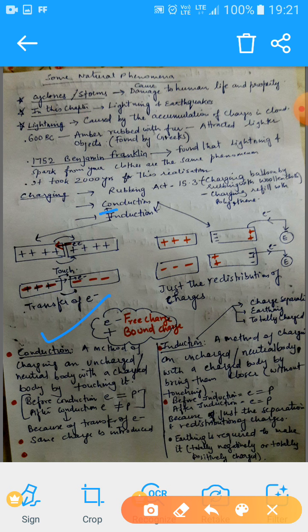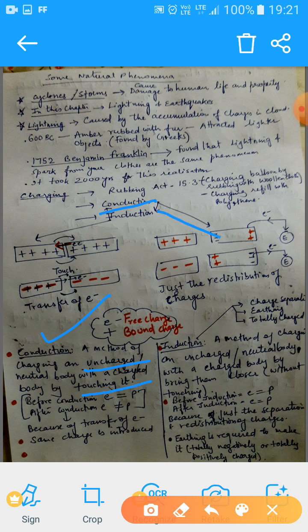So basically in conduction we generally charge an uncharged neutral body. When the body is uncharged, at that time it is neutral, not having any charge, electrically neutral. So we are going to charge it with some charged body. It can be done by touching it. When we are touching it, that time it is conduction.